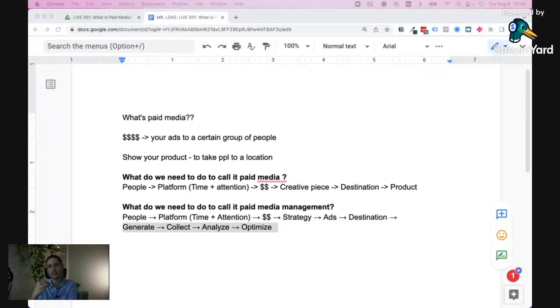When you collect this data, you need to know what the important metrics are that you need to be watching. What are they telling you, right? Okay, if this one isn't good, why do I need to optimize in my funnel? The metrics tell you a lot. They tell you exactly where your funnel is leaking, where people are bouncing off. And then you know, oh, people are bouncing off here, I've got to optimize this part.